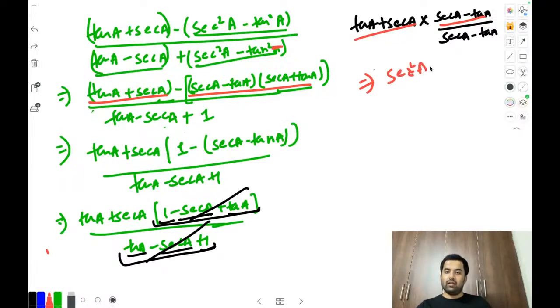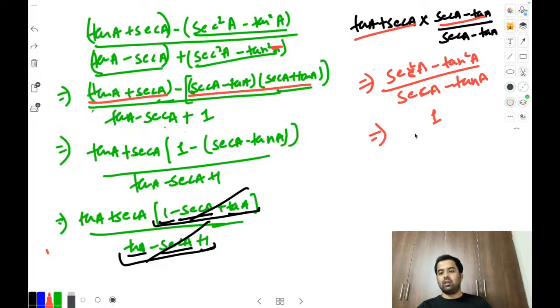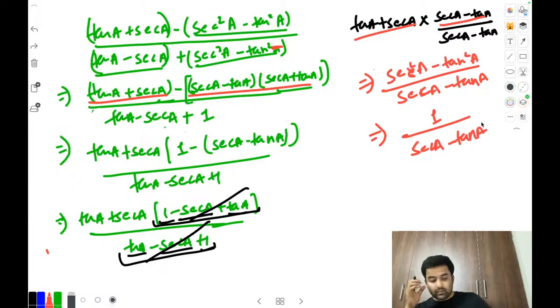Sec square A minus tan square A divided by sec A minus tan A. Now, as you know, the value of sec square A minus tan square A is 1 only, divided by sec A minus tan A. I hope now it is clear. Is it clear now?